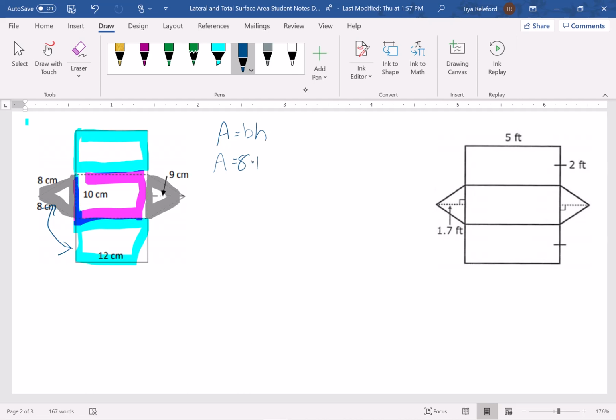And then we have 12. So each of these blue ones is 96. Now the pink one's a little bit different because the height of the pink one is 10. The length is still 12.